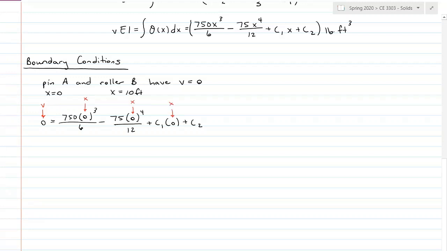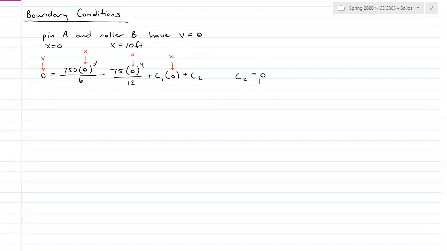We are going to find with this equation that if we solve for C2, it is going to equal 0. That is not always the case. It just happens to be the case for a simply supported beam with an evenly distributed load with the origin at A.